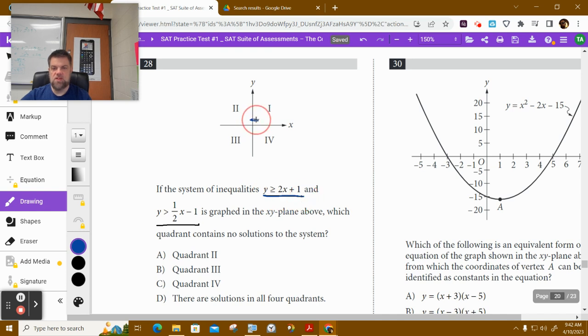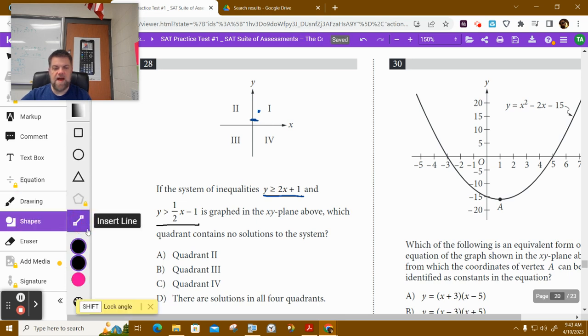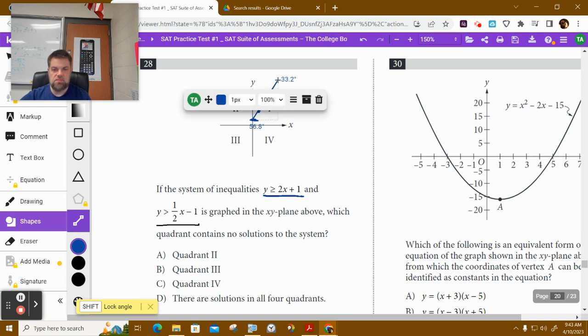So we'll say 1 is right here, okay? Then I'm going to go up 2 over 1, and this is the graph. It'll kind of look sort of like this, and I'll just extend that down this way. It's not perfect, but that's what it would look like.